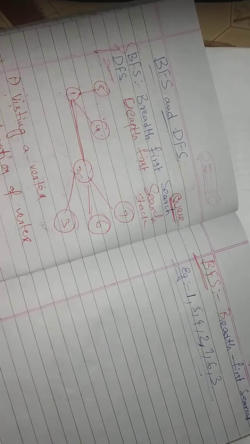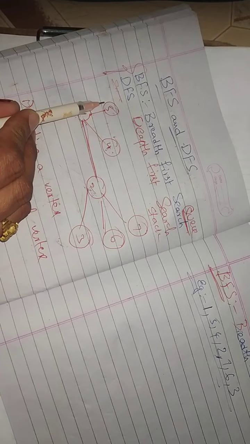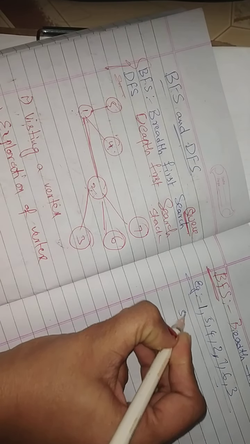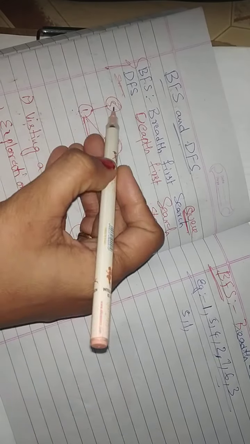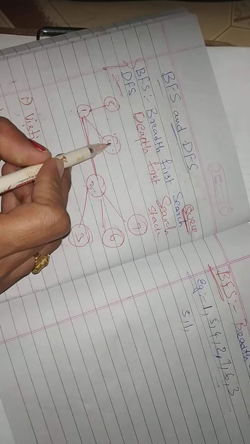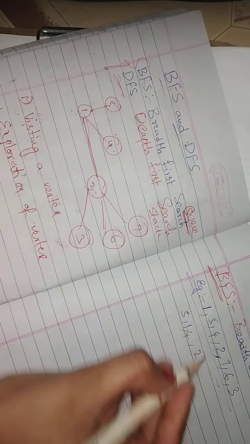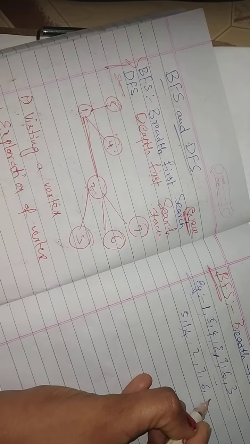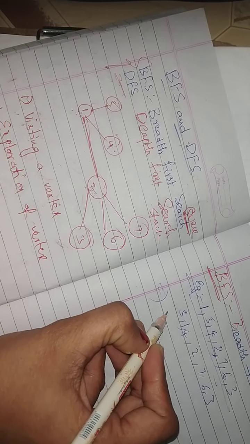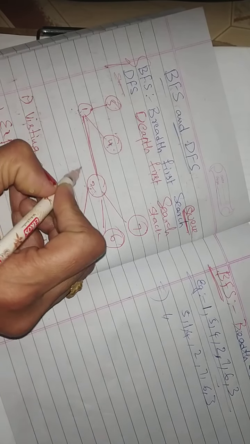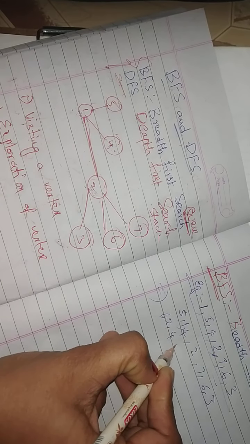No problem, you can take 5 as a root node. Understand? 5, and next exploring 1 only. After 1 explores 4, 2, and next 2 explores 7, 6, 3. Or if you take 1 at first, you can take any order: 1, 2, 4, 5.